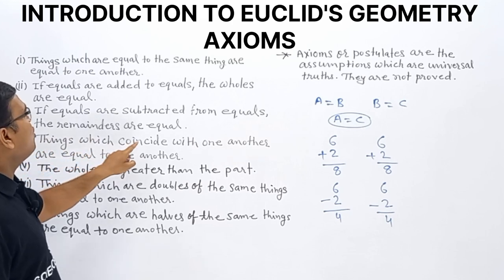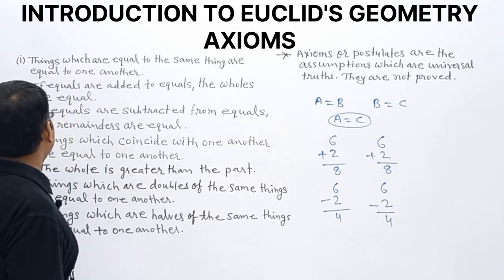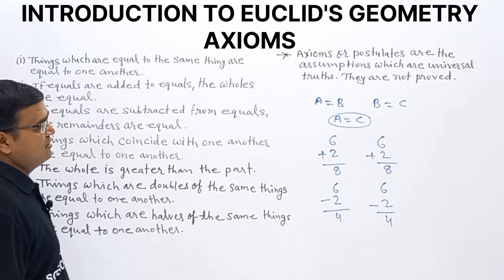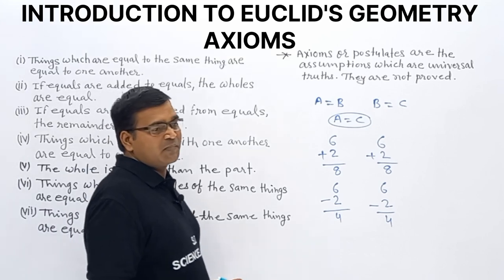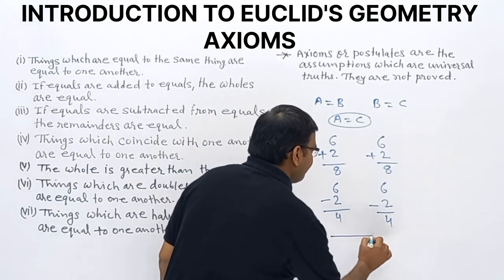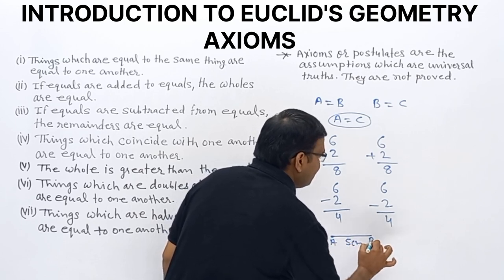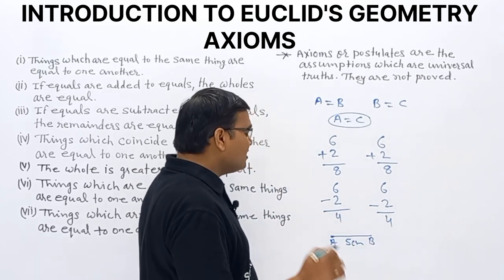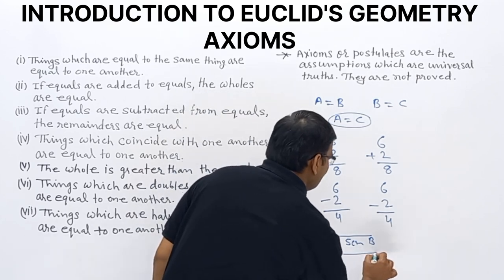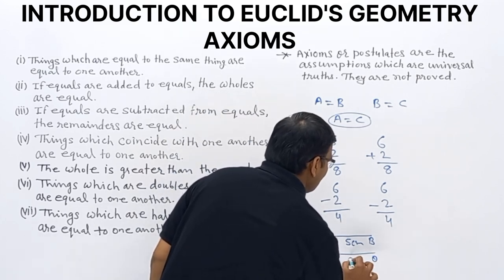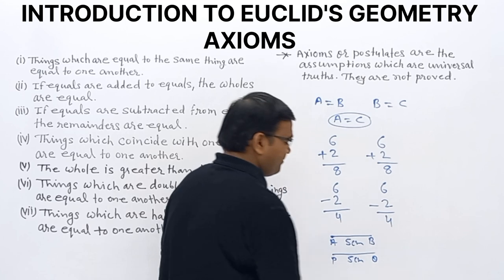Now the fourth one: things which coincide with one another are equal to one another. Observe, it is simple. I am taking one line AB, which is 5 centimeters. Another line we have is PQ, which is also 5 centimeters.